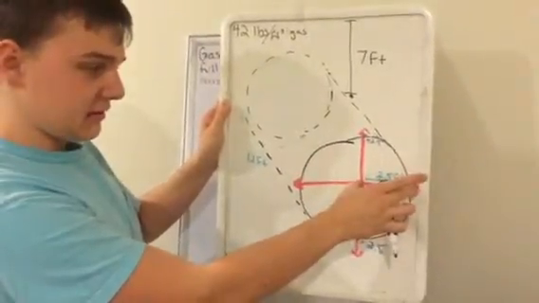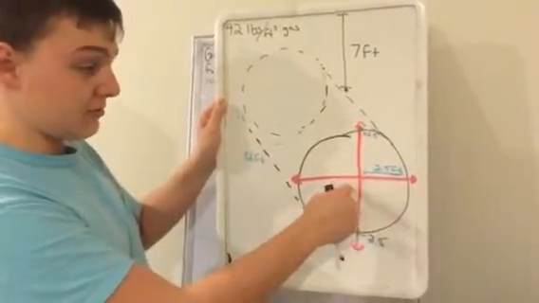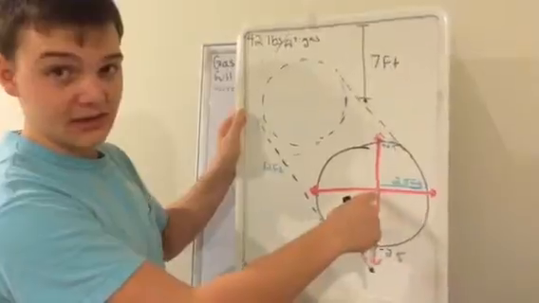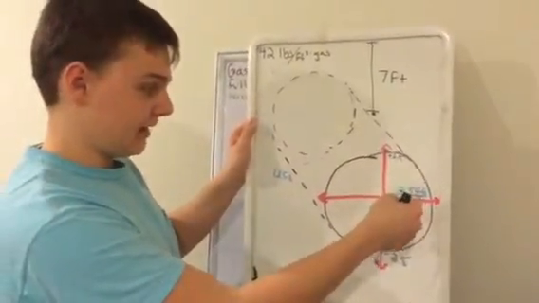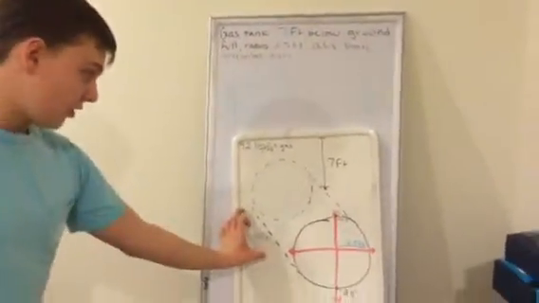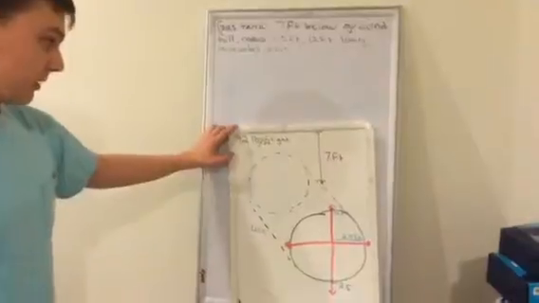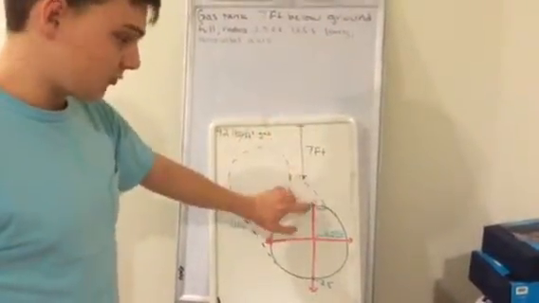And as you can see, we will center it in the middle, we'll have the middle of the circle at the base of the tank, which is 2.5 feet in radius and 12 feet long. 42 pounds per cubic foot is our density, and 7 foot total from the top of our tank.